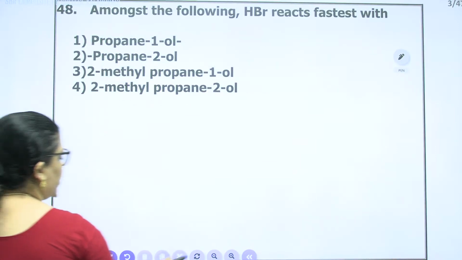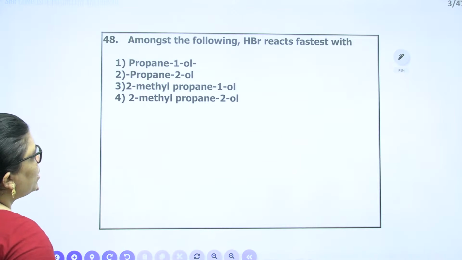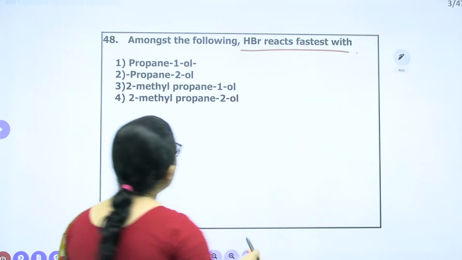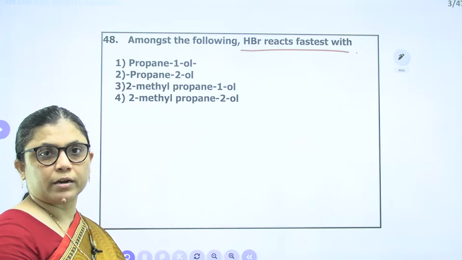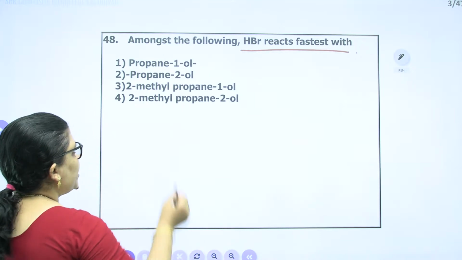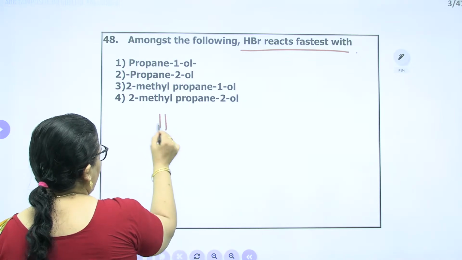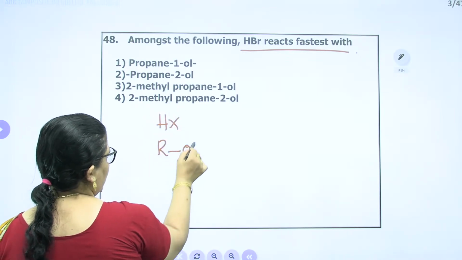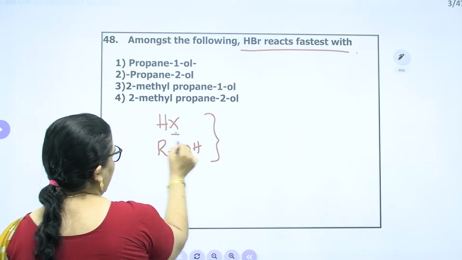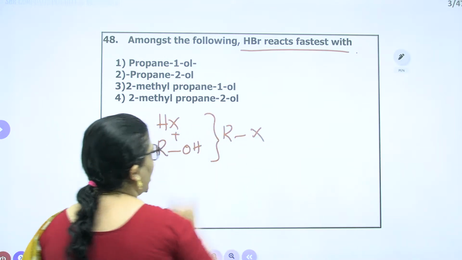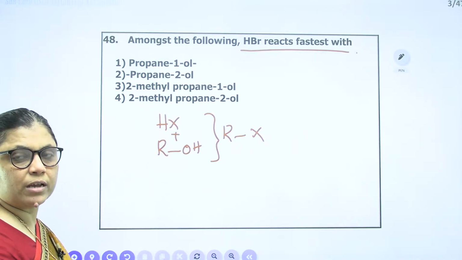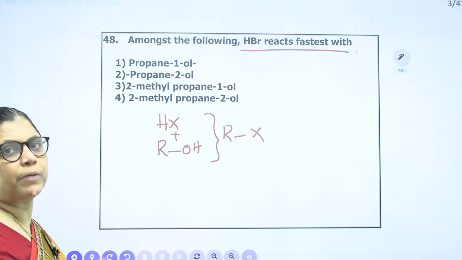Question number 48. Among the following, HBr reacts fastest with which? Remember one thing, whenever HX is going to react with an alcohol to form an alkyl halide, the alcohol may be tertiary, secondary or primary.